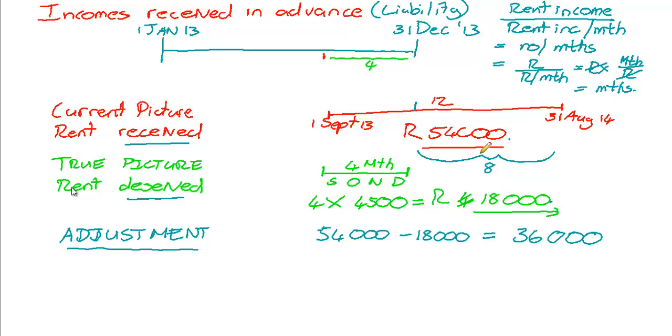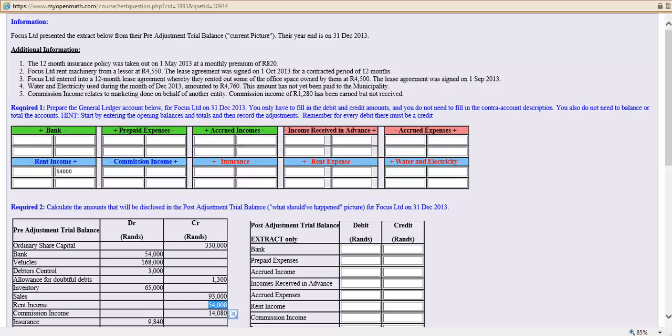So to get it from the 54 to the 18, we had to process this adjustment of 36. So this is the adjustment that we had to process. Good. So we process our 36,000 on the debit side of rent income.